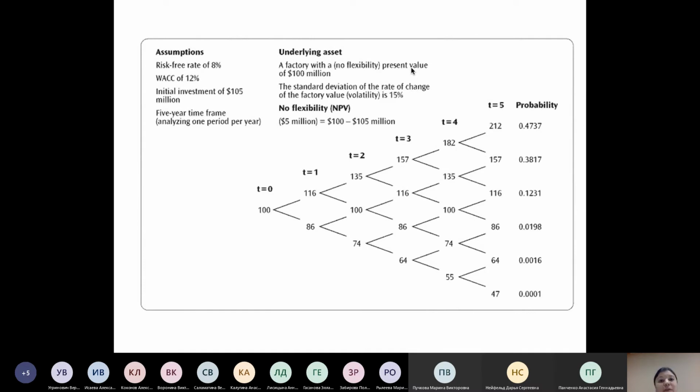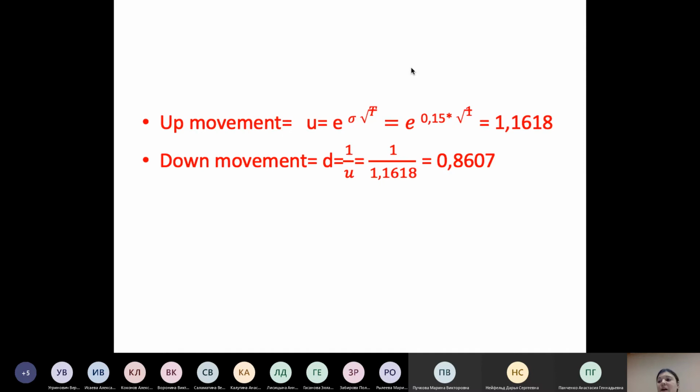We can calculate our up movement coefficient and our down movement coefficient. The up movement coefficient can be found in the following way: it will be our constant E to the power of standard deviation multiplied by T to the power of 0.5.